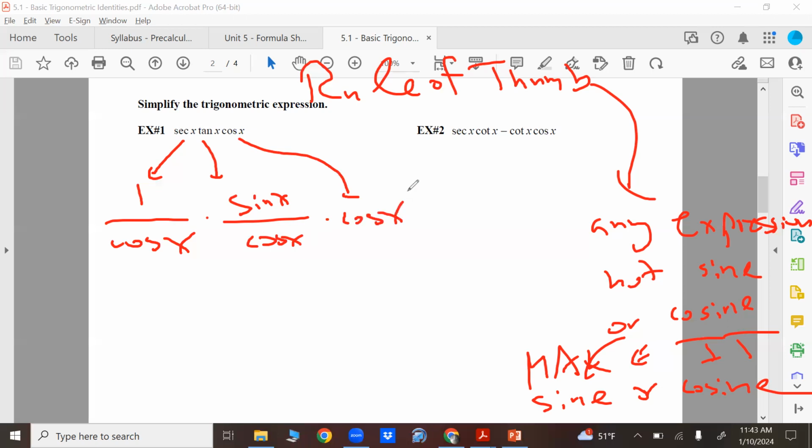Okay, so once we've done that, now the fun begins. Actually, I'm going to get the formula sheet here too myself. Start crossing stuff out. What can I cross off? The cosines. Wait, did you mean, hold on, let's back up a little bit. Did you mean these x's? We don't want to do that.